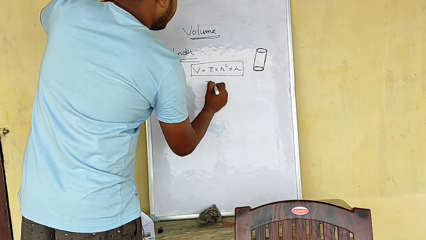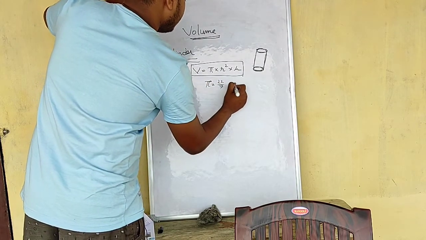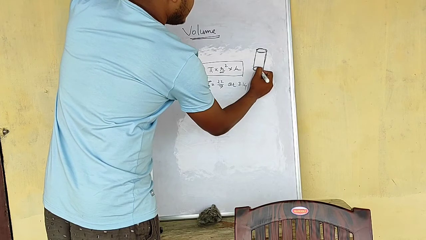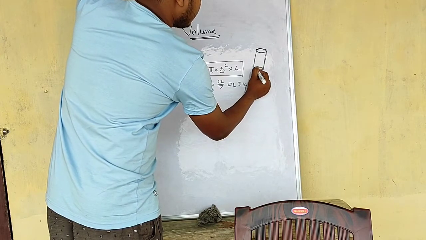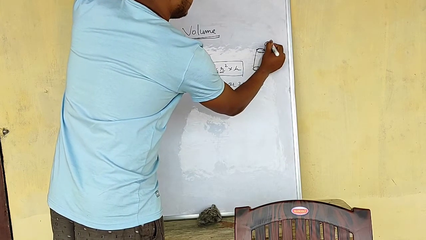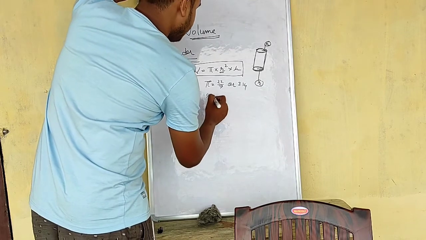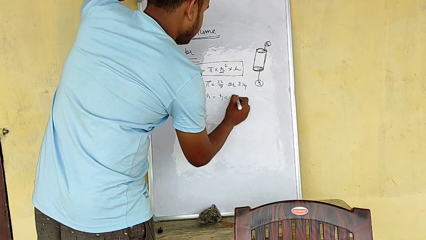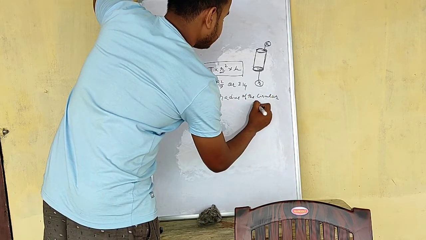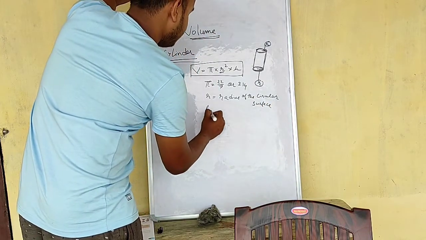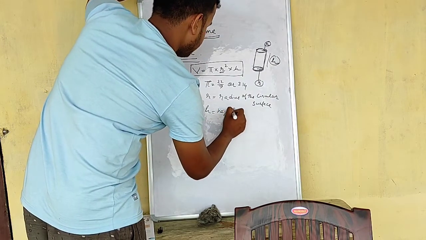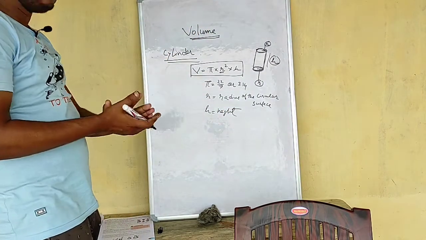I have told you that the value of pi is 22/7 or 3.14, and r is the radius of the circular surface. Like this circular surface, this is the radius, upper part also, this is the radius. And h is the height. This is the formula for a cylinder.